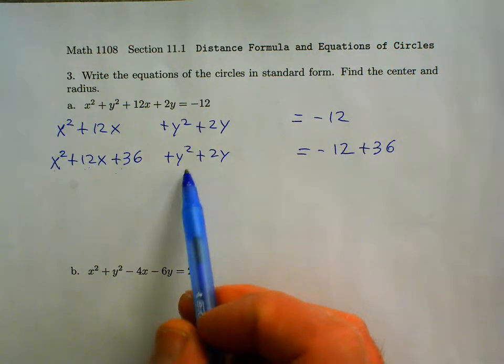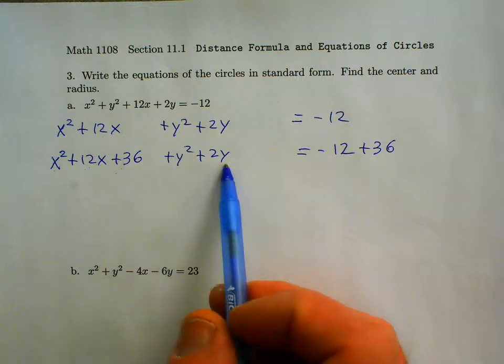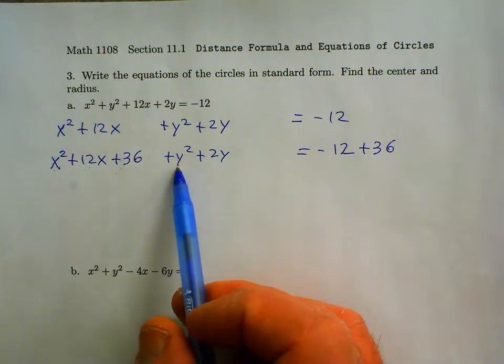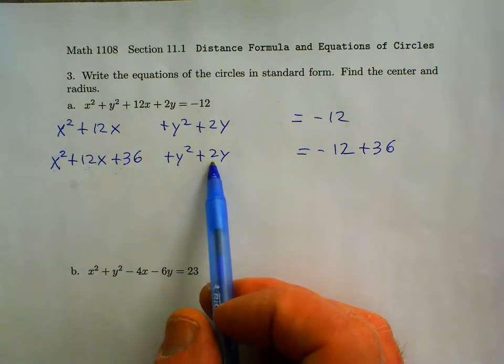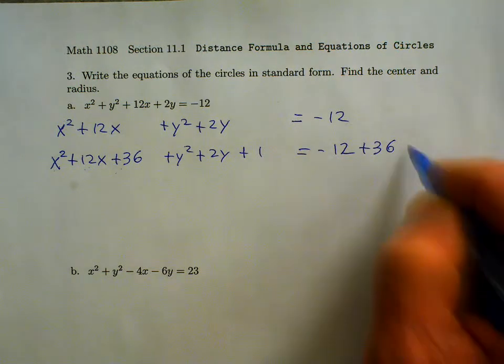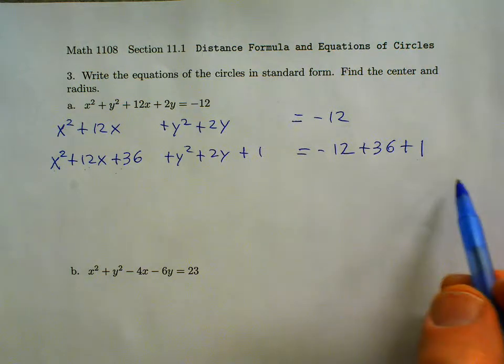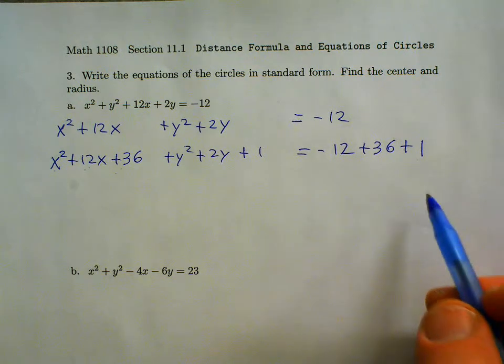And then we're going to create another perfect square trinomial from y squared plus 2y. So since the coefficient of y squared is 1, we take half of 2 and square it. Half of 2 is 1, 1 squared is 1, so we add 1 to both sides. And then in the next equation, we can write the standard form.